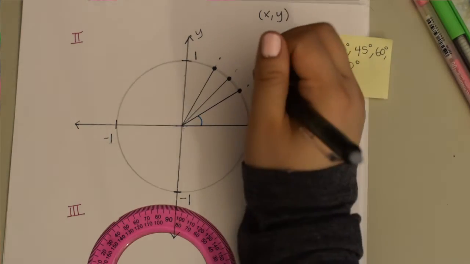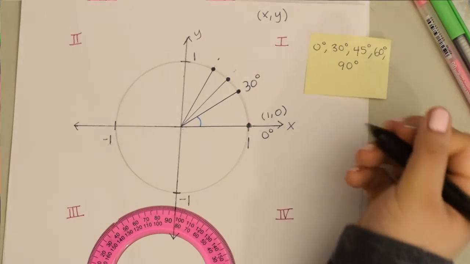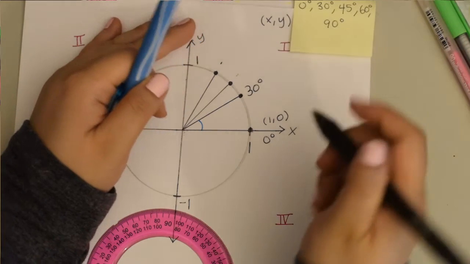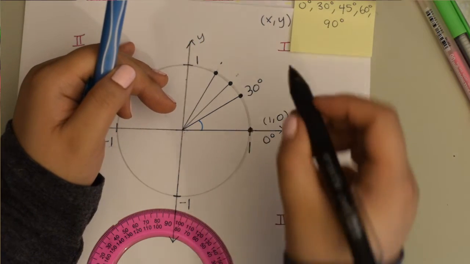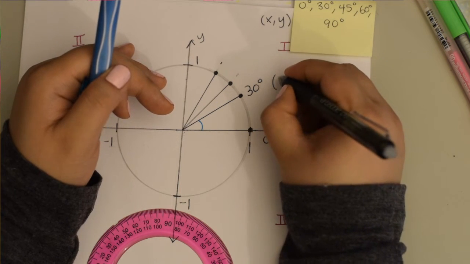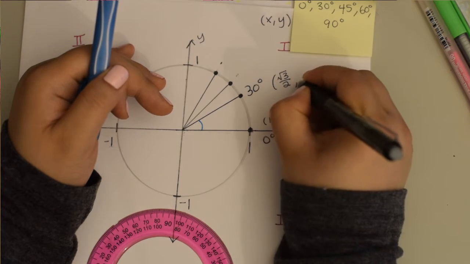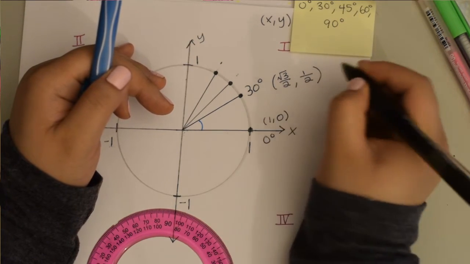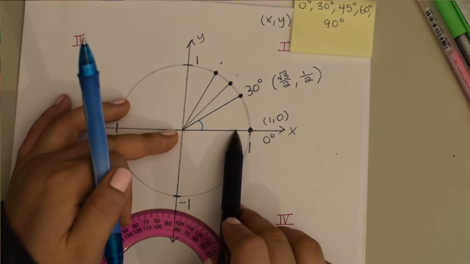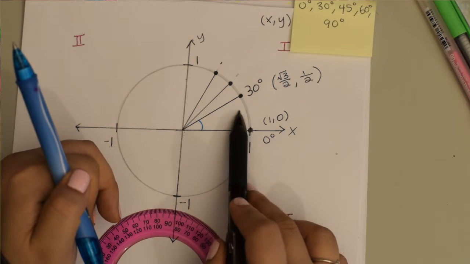So the point that is associated with 30 degrees, and this is what you can start memorizing if you don't already know it, has coordinates, because remember we have ordered pairs, root 3 over 2, comma 1/2. So to find that point, I'm going to the right root 3 over 2, and then up 1/2.